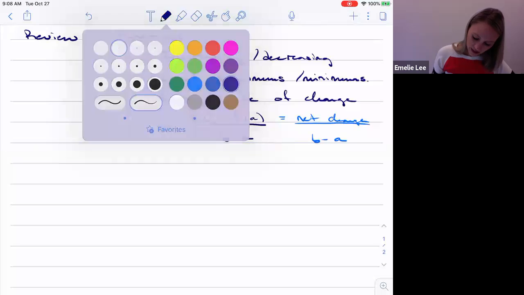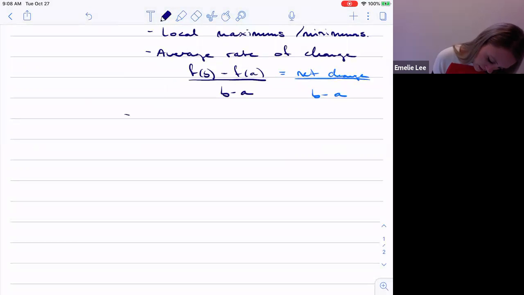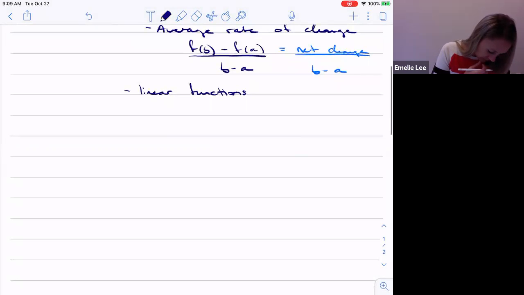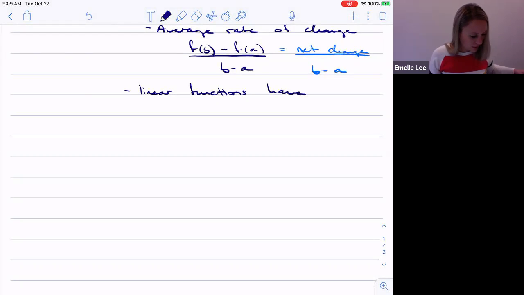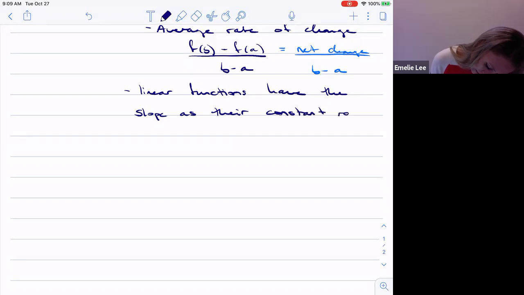We also said, well, one clever thing that we could keep in mind is that linear functions, right, so straight lines, they have a constant rate of change, and it's the slope. So linear functions have the slope as their constant rate of change, right?